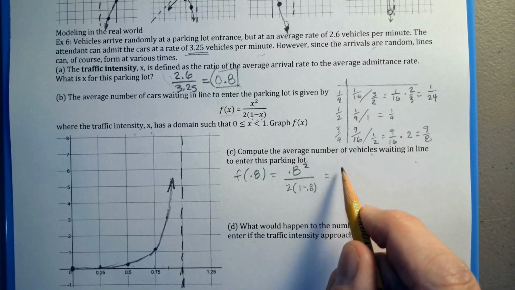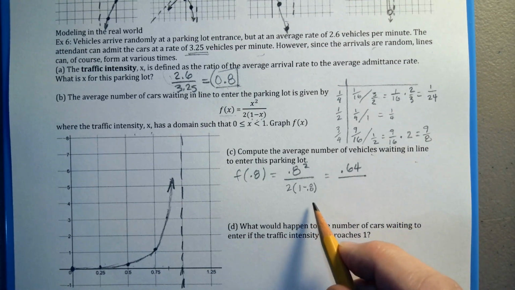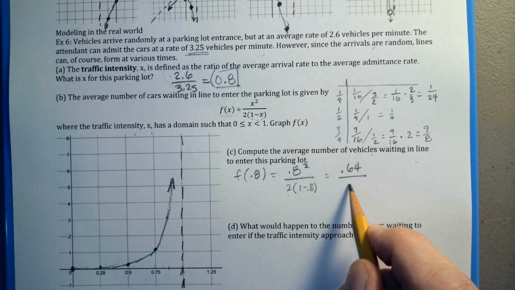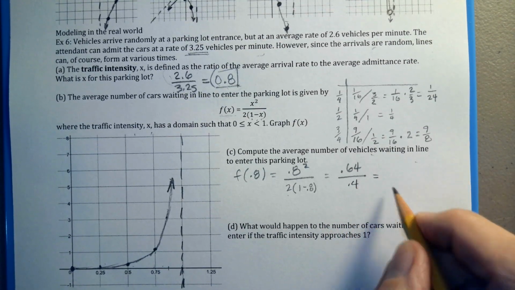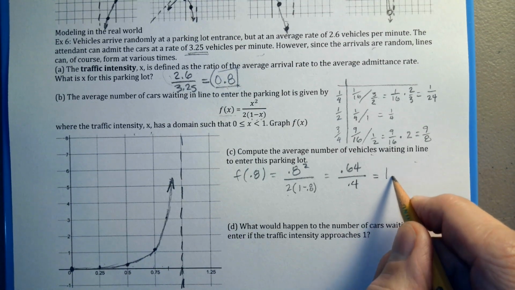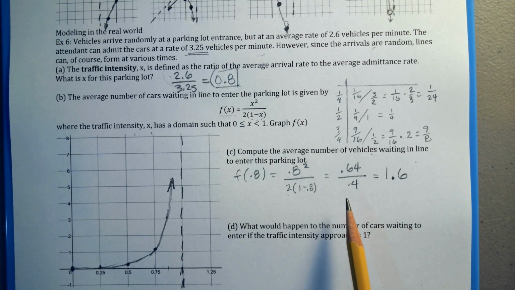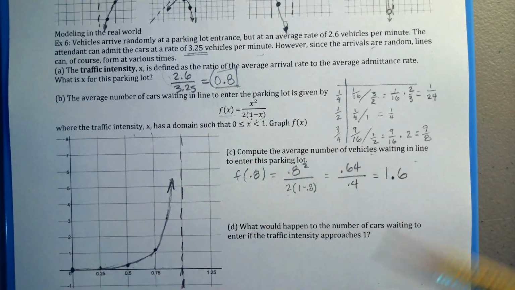So that's going to be 0.64 over, this will be 0.2 times 2 is 0.4. And so if you reduce that, that will be 1.6.